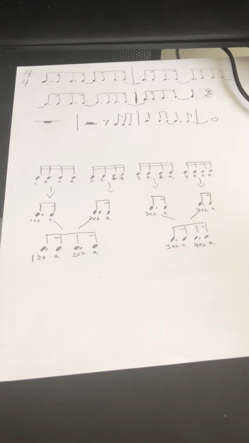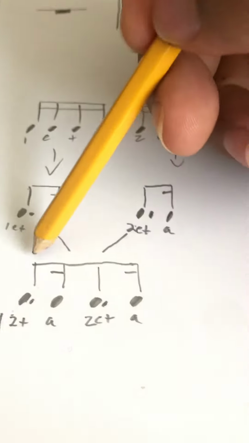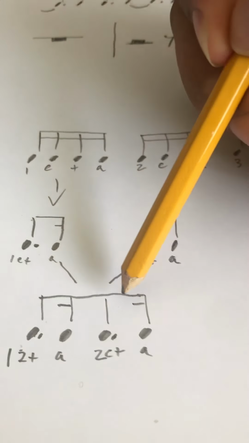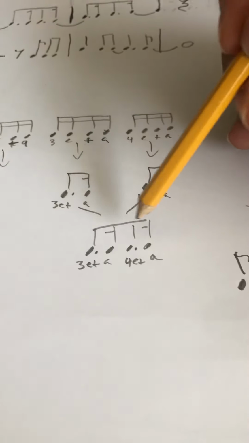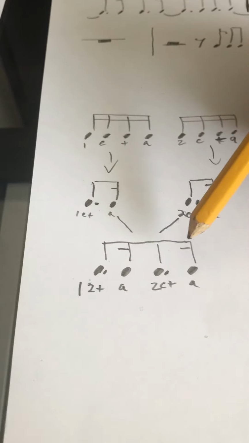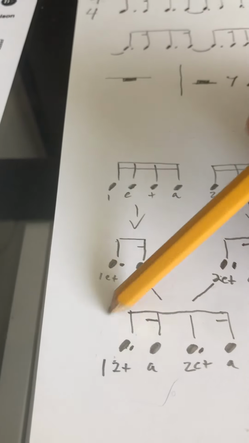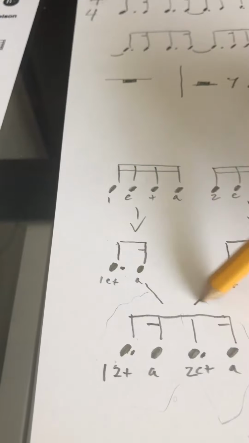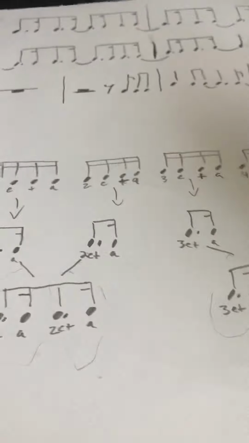Okay. All right. Now, when you have them consecutive, just like you have them up here, you have a crossbar that joins the first two beats, and then one that joins beats 3 and 4. Okay, so 1 and 2, 3 and 4. So this is one full beat, two full beats, 3, 4. Okay.